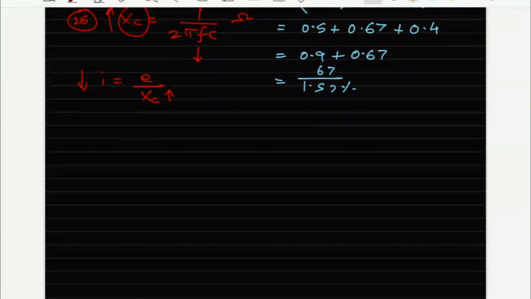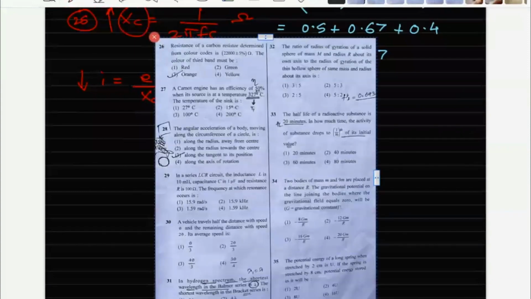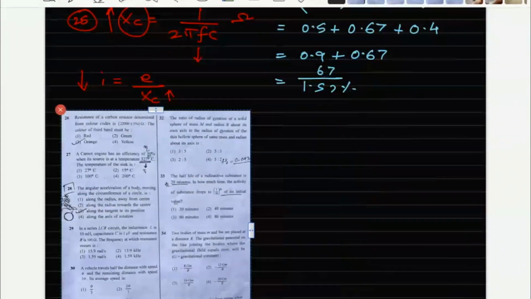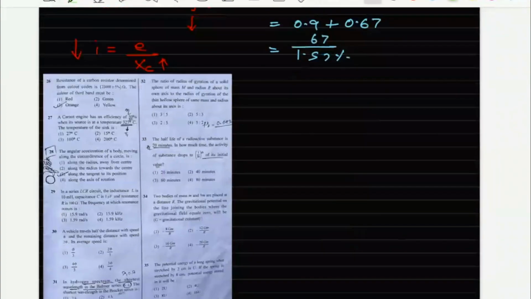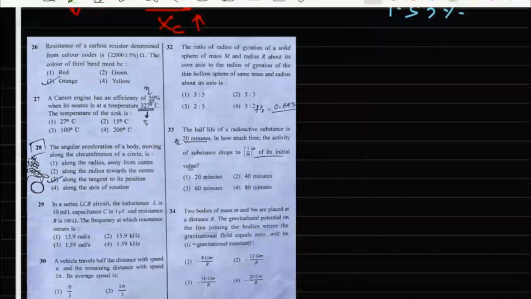Okay. So fourth page now, question number 26. Okay, so another easy one here. They are asking resistance of a carbon resistor is determined from the color codes. So we need to know the color coding.